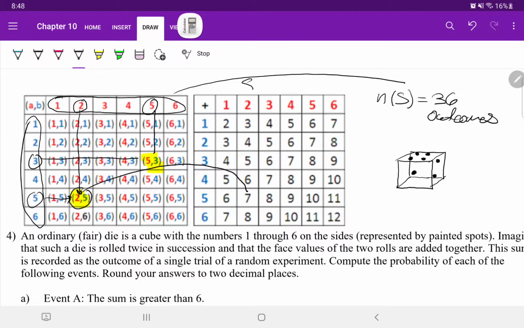This table represents the sums, when you roll and get the two numbers and then add them together. If I say find the sum of 5 and 3, we know 5 plus 3 is 8, and it corresponds in the same location because 5 plus 3 gives us 8.